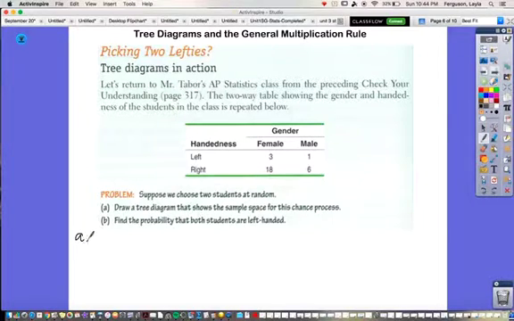All right, so for A, we start by randomly selecting a student.